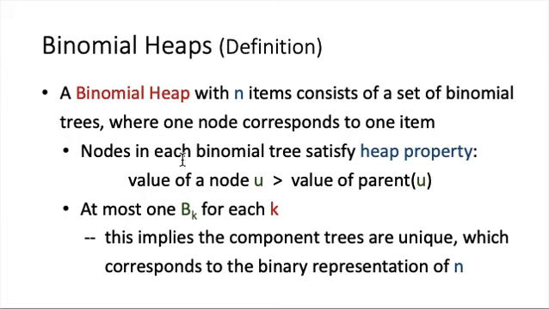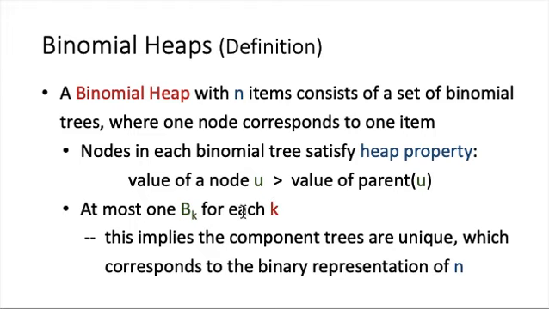The nodes in each binomial tree satisfy the heap property, where the value of a node is greater than the value of its parent. Also, we have at most 1 Bk for each k. If there are 2 Bk's, then we combine them together into a Bk plus 1. So there will be at most 1 Bk for each k.